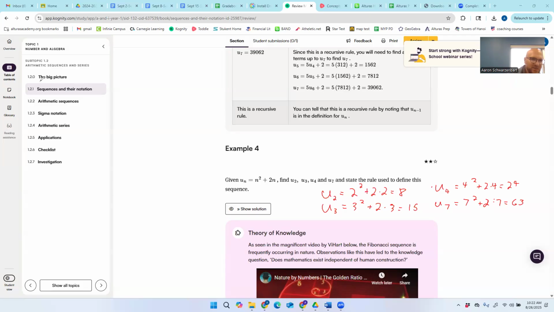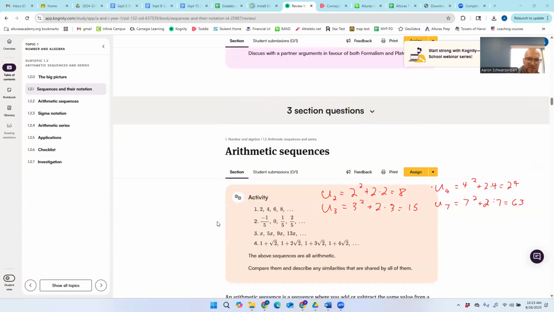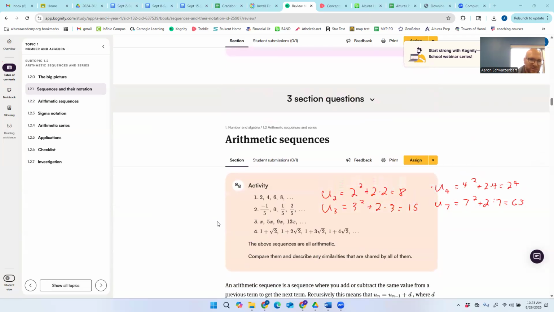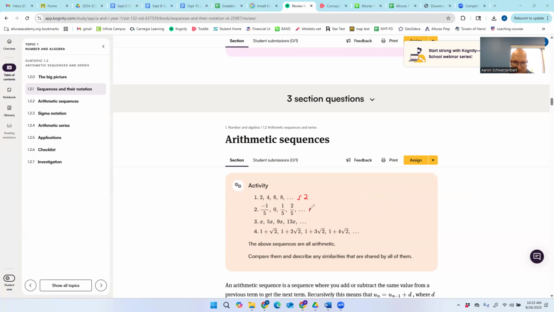Okay, that's a little introduction to sequences. Arithmetic sequences are ones that have a common difference. Means we add the same thing every time. So here we've got plus 2. Here we've got plus 1/5.